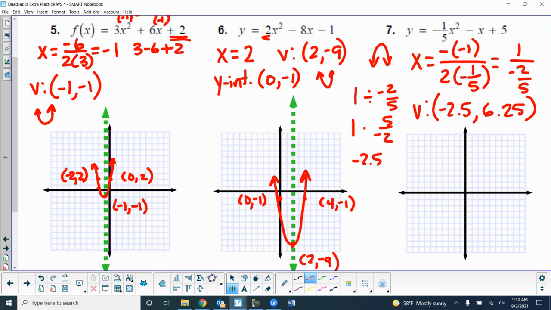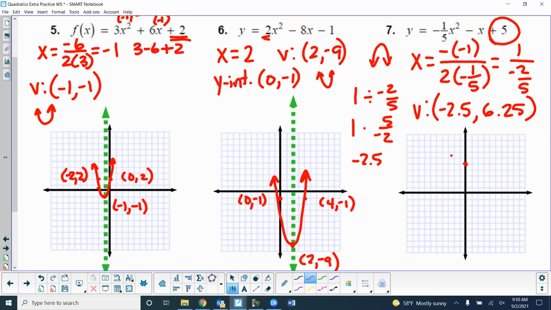And then y-intercept is what? 5, right? 1, 2, 3, 4, 5. It was -2.5, 1, 2.5, and then 6.25. So a little bit above the 6. Right about there.